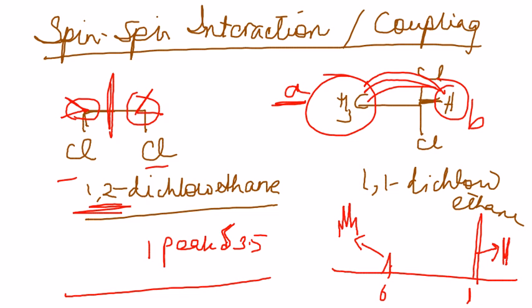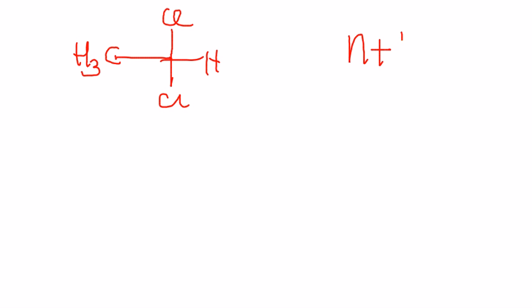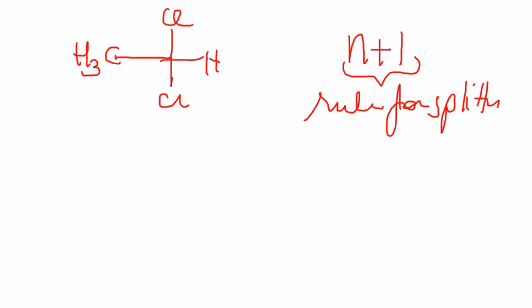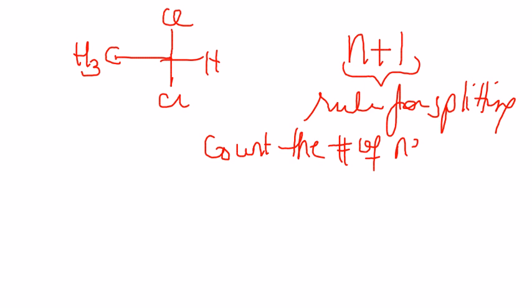On the other hand, if you do have a situation like 1,1-dichloroethane, you're going to follow the N+1 rule for splitting. What that means is that you are going to count the number of neighboring protons, add 1 to that, and that will be equal to the number of splits for that particular peak.